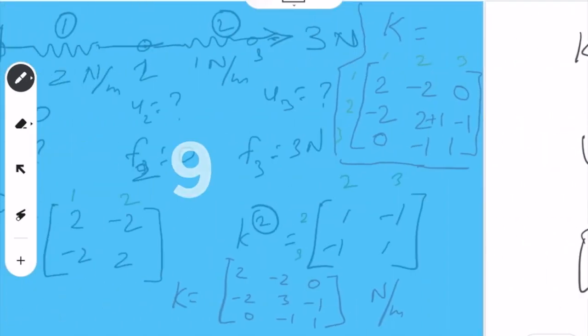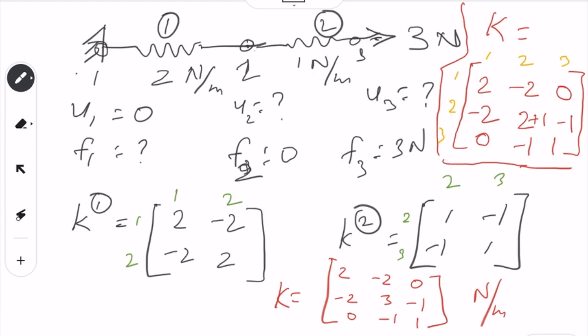Because if you are applying a force of 3 Newton here, automatically you know by physics, by the third law of motion also, if a reaction is equal and opposite, so opposite is this direction, hence minus, and equal 3 Newton here.